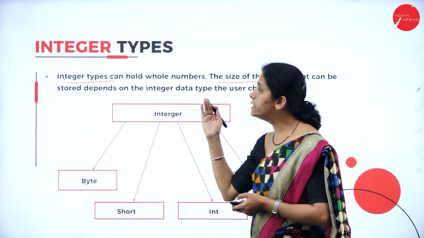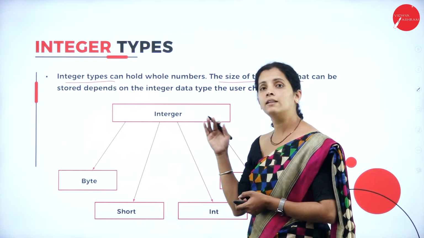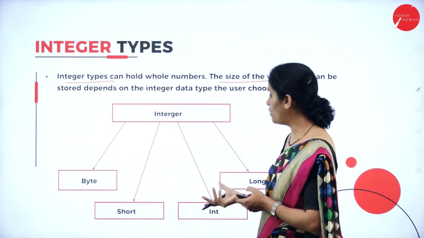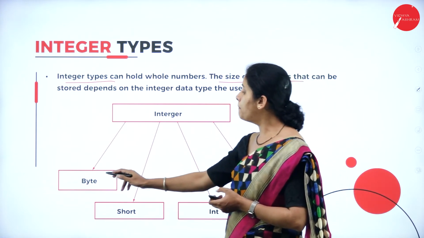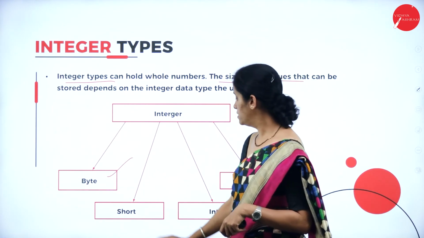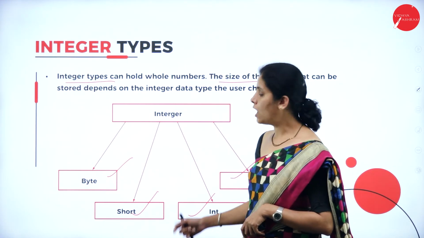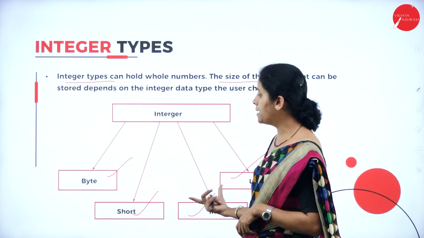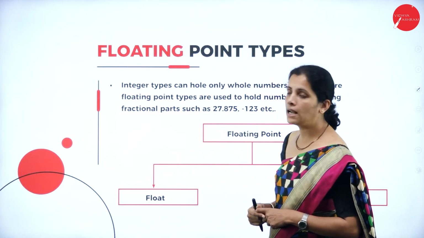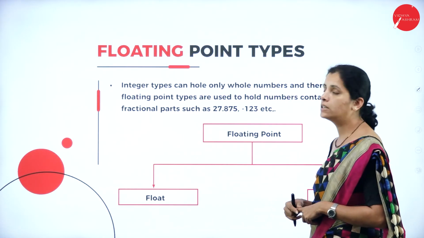Here, the integer data types are further classified into four types: byte, 1 byte, short, int, long. So how many types? 4 types. Now, if I consider floating point types.